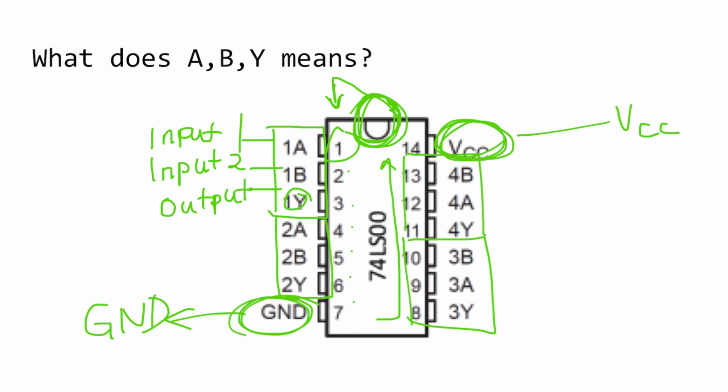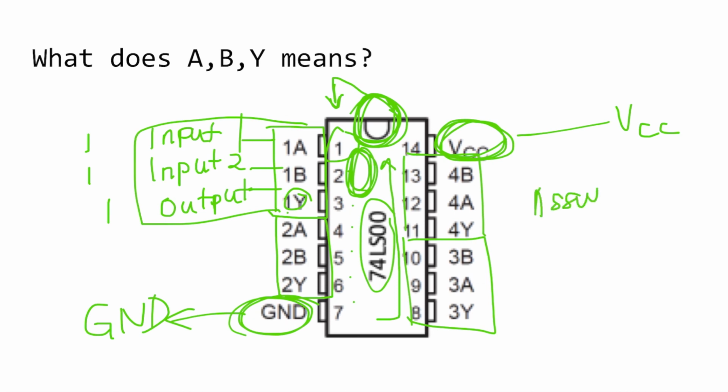Since we do not know what is happening inside here, let's assume that this chip is a combination of AND gates. If I input 1 over here and 1 over here, the output should be 1, because we assume that this is an AND gate.